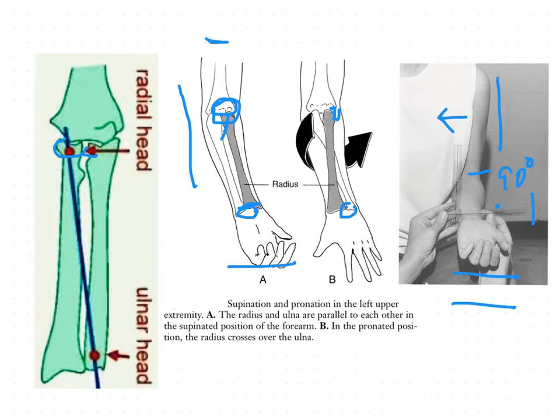Okay, in the next part, what are the muscles which are going to help in these motions of the radio-ulnar joint?